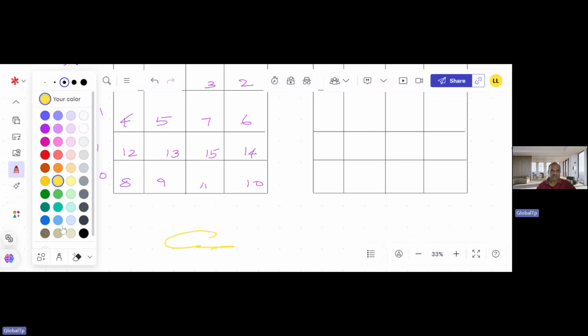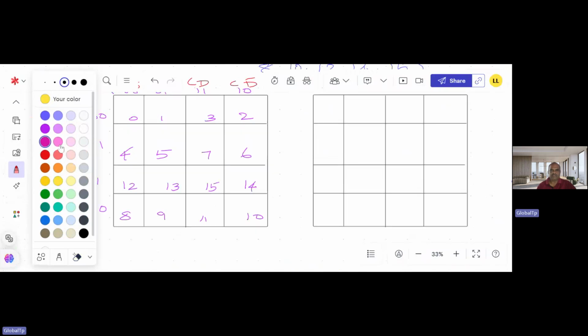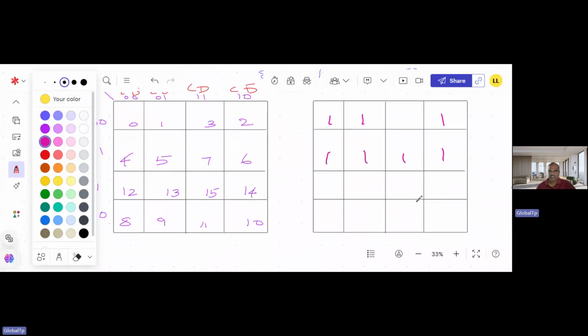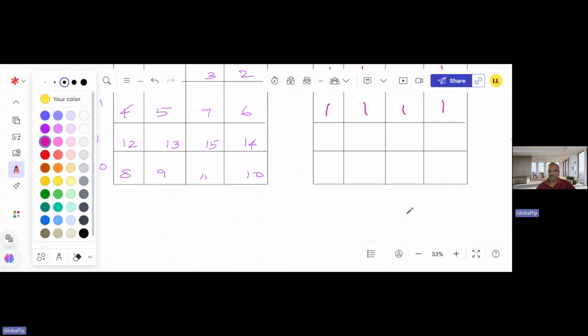Now once again I will map 0, 1, 2, 4, 5, 6, 7, and then 8, 10, 12, 14, 15.